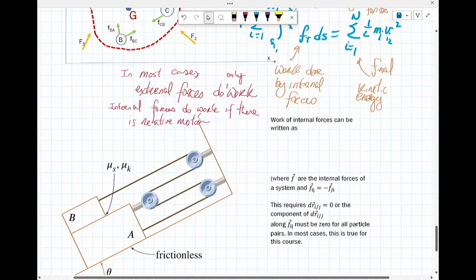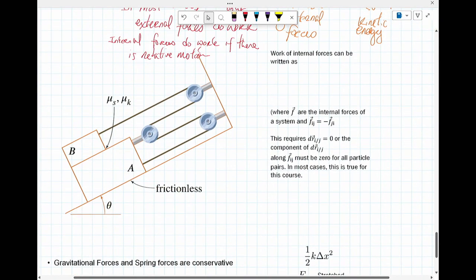And here's a case of exactly that. This is one we kind of did last time when I was looking at the forces and the acceleration of two particles.